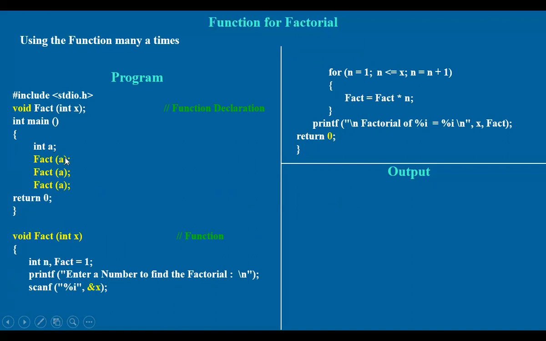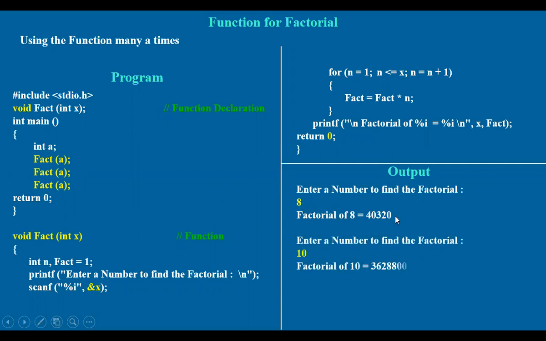We are just calling the function, but the difference is that the value of this A becomes X, and this X value is read from the system here. So for this X number of times, this loop is repeated, and it continues and displays the value of a factorial. So when you enter the value here, it calculates and displays the value. Any number of times like this, you can call the function.